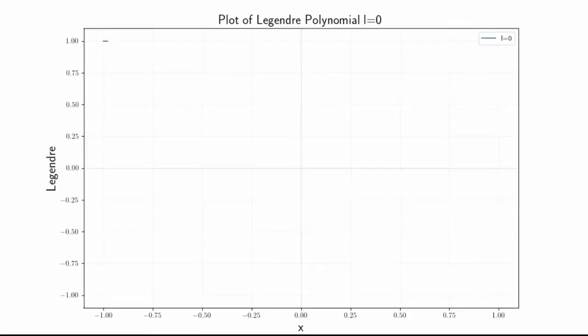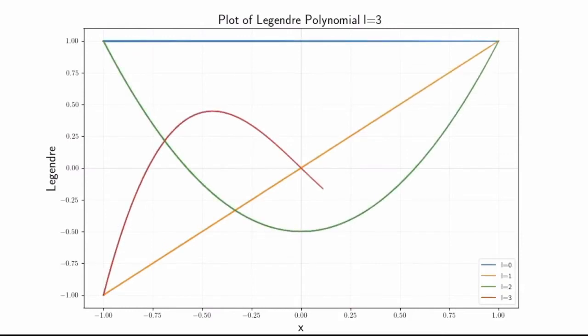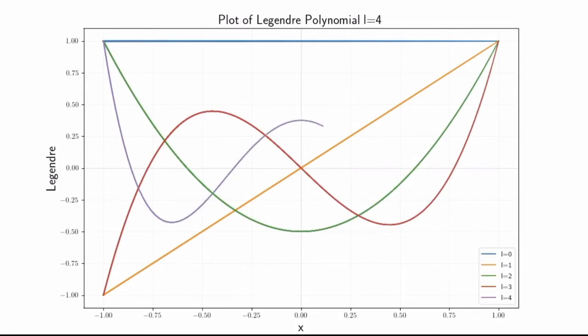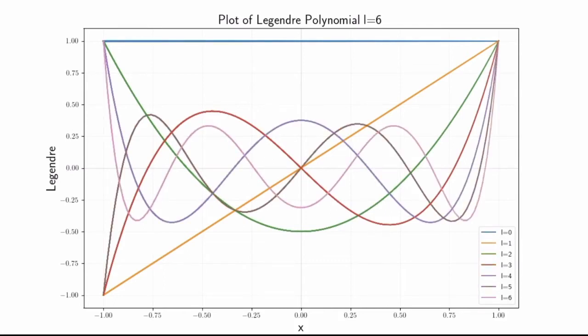Let us look at the plot of these polynomials and see this properly. For L equal to 0, we have the polynomial f of x equal to 1. For L equal to 1, we have a straight line f of x equal to x. And then you see various polynomials till L equal to 7. I've plotted them here.